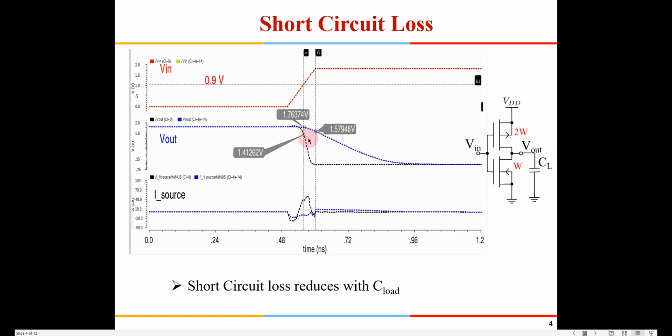So you have a greater propagation delay. Taking the reference point at 0.9 volt, initially the output voltage had fallen to 1.4 volt. Now with the capacitive load, at 0.9 volt it has just fallen to 1.76 volt.